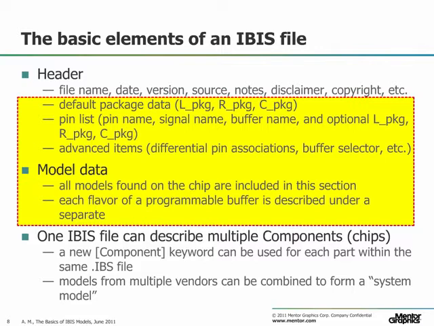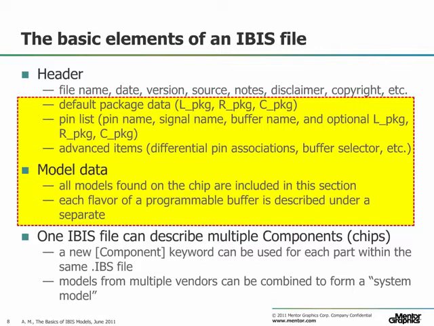The component keyword followed by the name of the component indicates the beginning of the data in the IBIS file for that particular component. Each component has a package keyword with the default package information, a pin keyword to list all the pin names and the associated buffer model names, optionally listing individualized package parasitics for each pin, and some advanced keywords for differential buffers or programmable buffers.